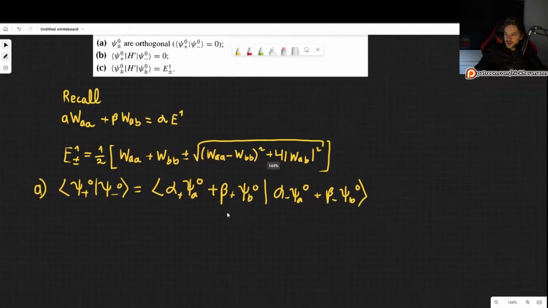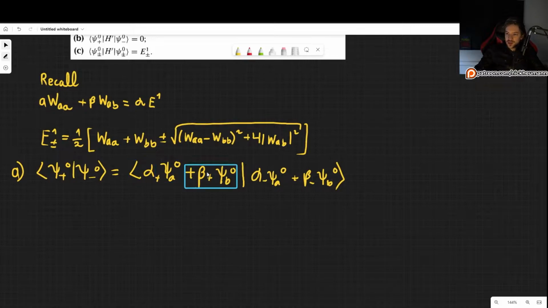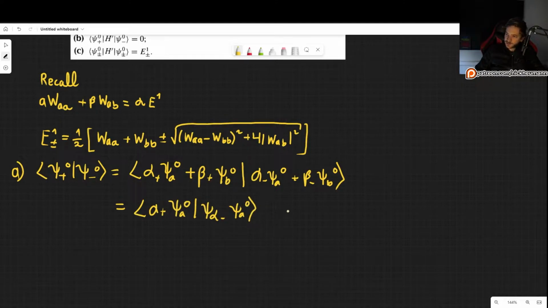Okay. So now what we have to do is just use the properties of bras and kets to separate this into several individual brackets. So first of all, we get this term with this. So that is bra of alpha plus psi A 0, alpha minus psi A 0. Then we have this with this. That gives us alpha plus psi A 0 and beta minus psi B 0.